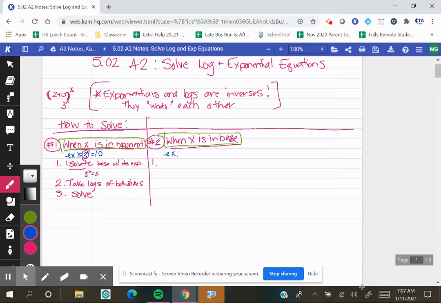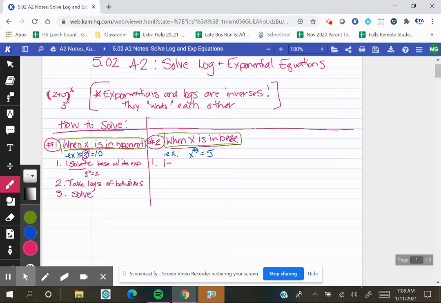When x is in the base, so if you had something like x to the 2/3 equals 5, one that's maybe not as common for you to see before. So here your variable x is in the base.